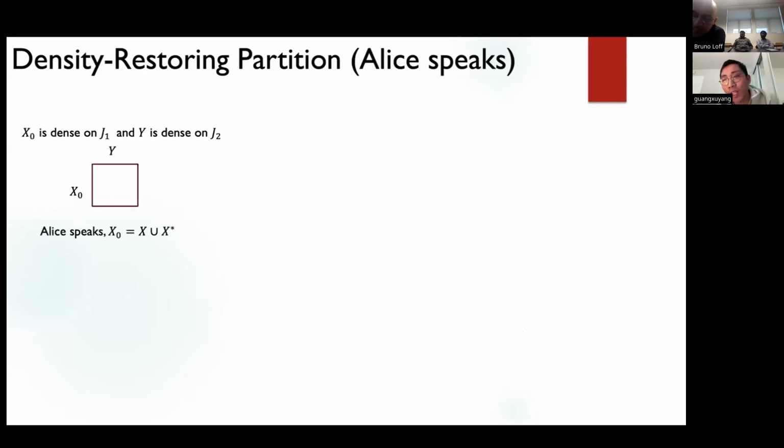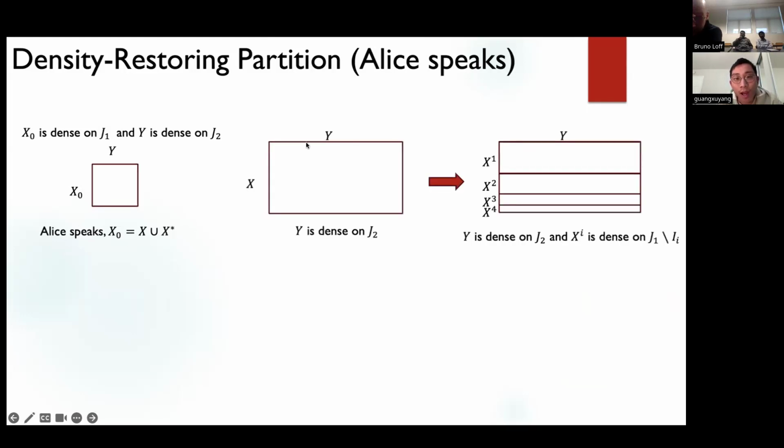So first, this is what the density restoring partition is used for. Assume you have a dense rectangle. In the private round, x is dense on J1 and y is dense on J2. This is a dense rectangle. When Alice speaks, this will partition x0 into x and x star, so x is not dense anymore while y is dense on J2.